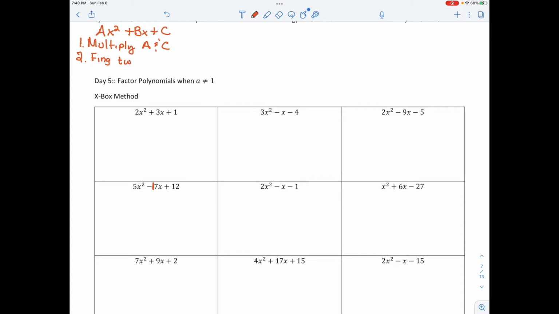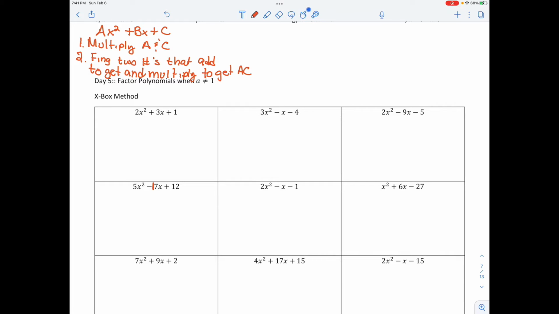Find two numbers that add to get b and multiply to get ac.